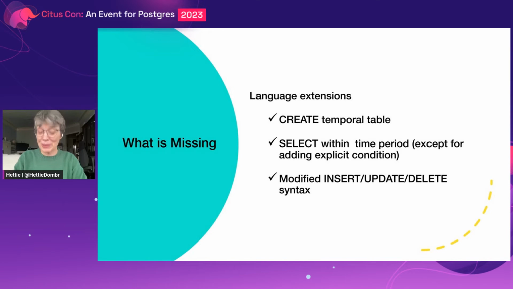Postgres has all the apparatus which would make implementation of the temporal standard easy. We just need to expand syntax. We need a create table which defines it as a temporal table. We need to extend select, and we need to extend data manipulation. So we have everything and we do not have it. That's a problem, I think, that we need to address in Postgres.